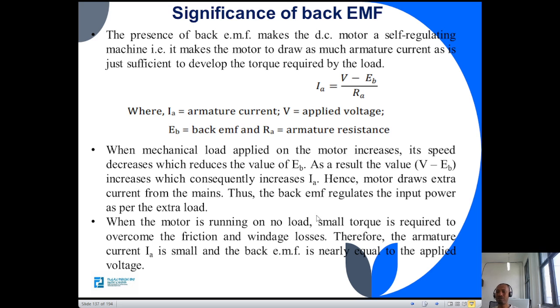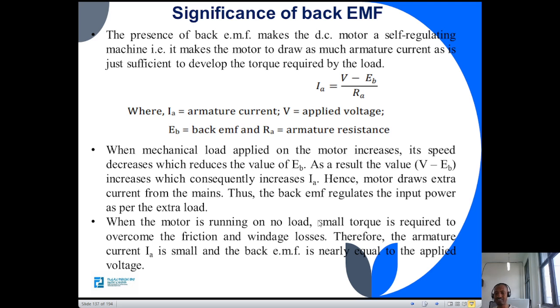Thus the back EMF regulates input power as per the extra load. As the load increases and decreases, IA will increase and decrease. That control over the motor operation happens due to the existence of back EMF. When the motor is running on no load, what happens?